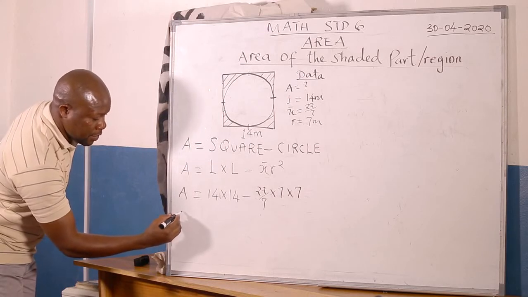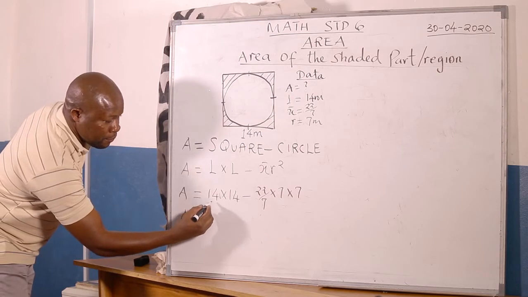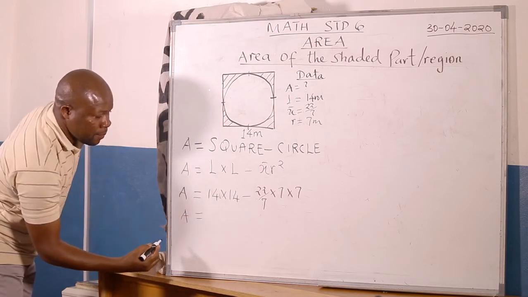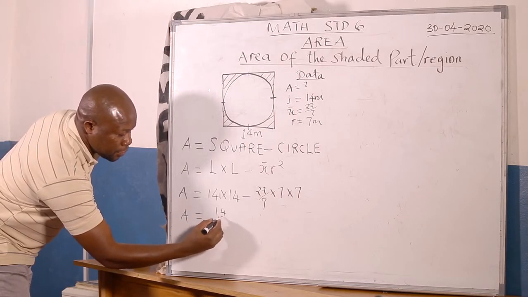Therefore, we are going to get into the next step, which is area of the shaded part is equal to 14 times 14. Let us check what shall be 14 times 14.